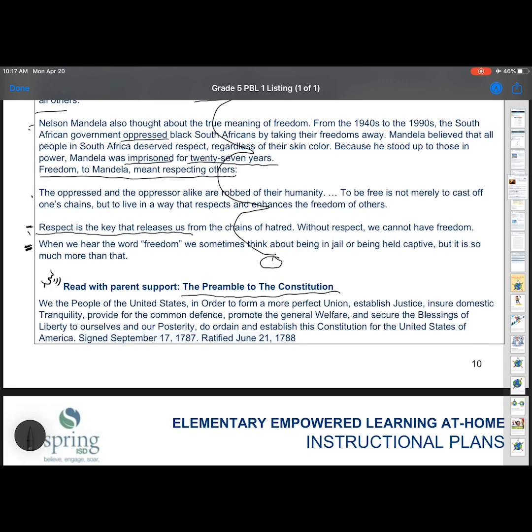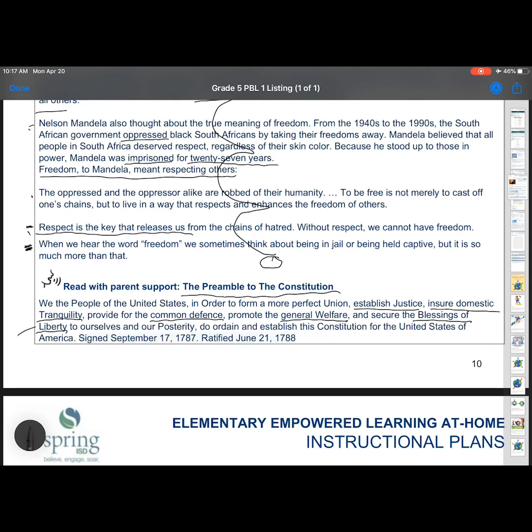So it says, we the people of the United States, in order to form a more perfect union, establish justice, ensure domestic tranquility, provide for the common defense, promote general welfare, and secure the blessings of liberty. Blessings of liberty. Okay, liberty, that's your word for freedom.